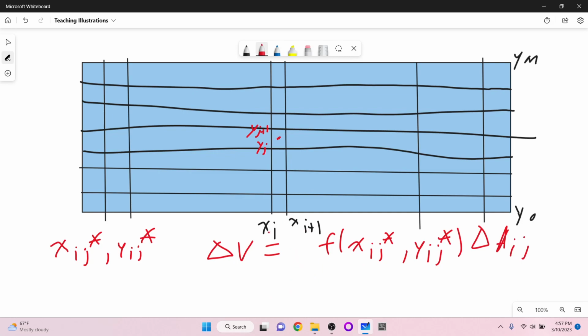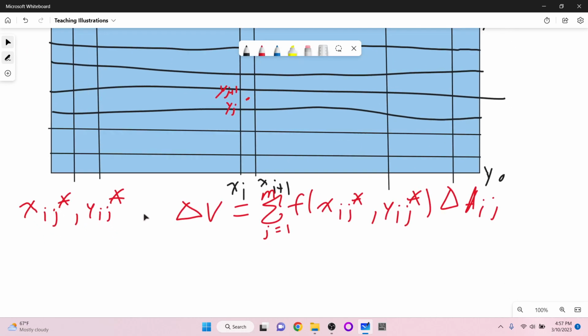Now, i is just i. i, for the xi, is going to be the same the whole way up, the same x value the whole way. But j needs to range across all its possible values. So we will take the sum from j equals 1 to m. That is the delta v.